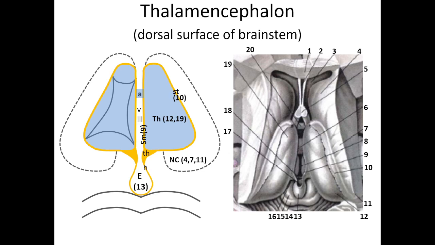The epiphysis thus finds itself between the two upper collicles of the four-collicular plate of the roof of the midbrain, colliculus superior, CS, or number 15 in the photo.